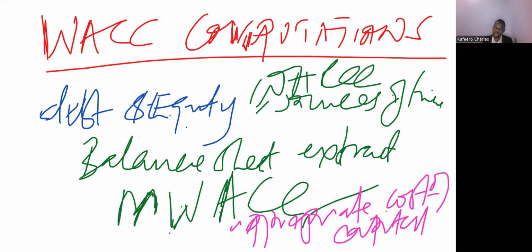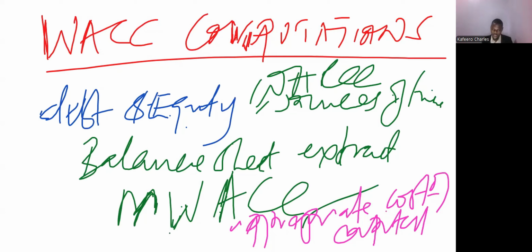They use the word appropriate, and it will depend on the information that you have in the question. Once the information you have is enough for you to compute MWACC, you do so. If the information available can only enable you to compute the weighted average cost of capital, then you go ahead and do that. If the information available is only for you to compute the cost of equity or cost of debt, you do so.